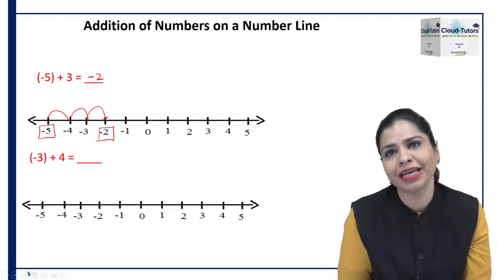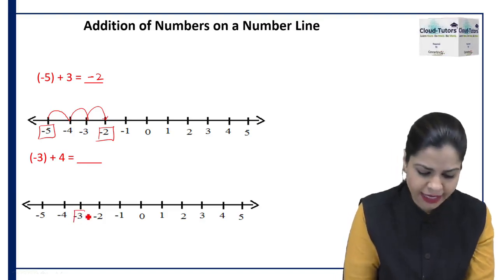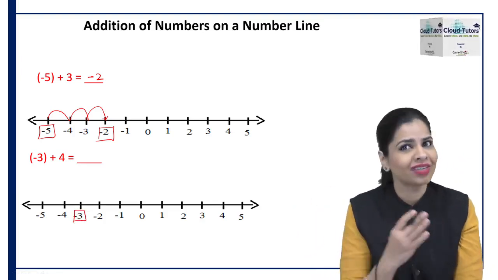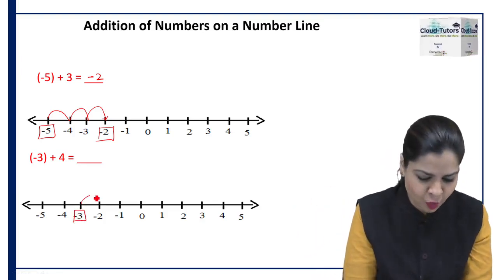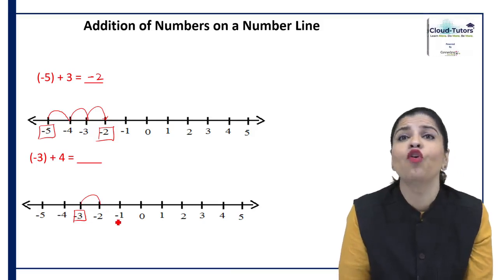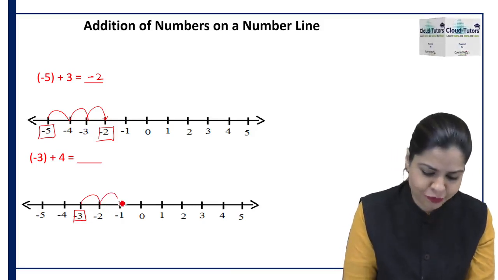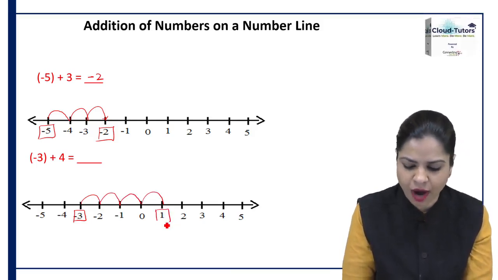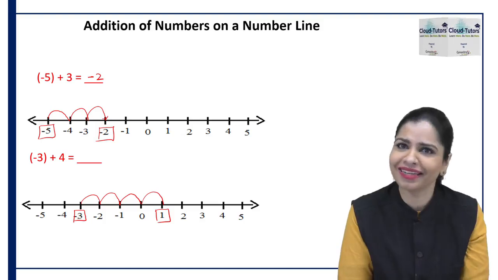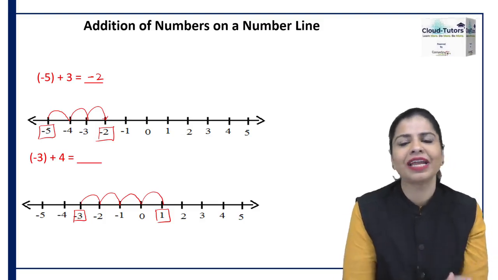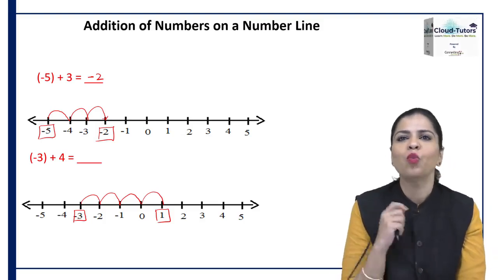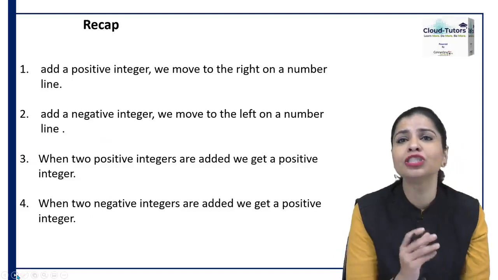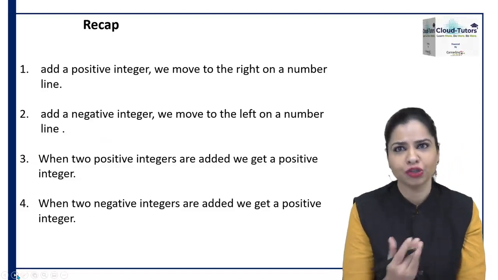Negative 3 plus 4. Again, I'm at negative 3 and in which direction am I moving? In the right direction. So 1, and how many places? 4 places. So let's move 2, 3 and 4. And we get what? 1. Clear? So yes, negative 3 plus 4 will give me 1. Good job. I hope the addition on the number line is clear to you all.